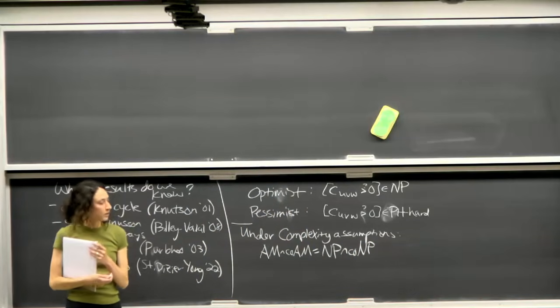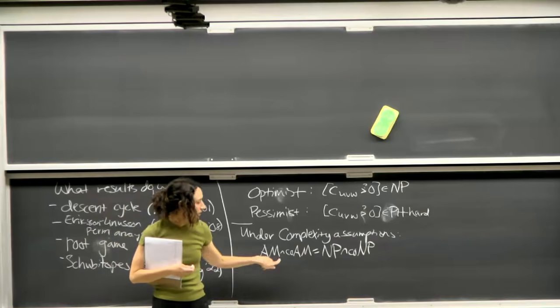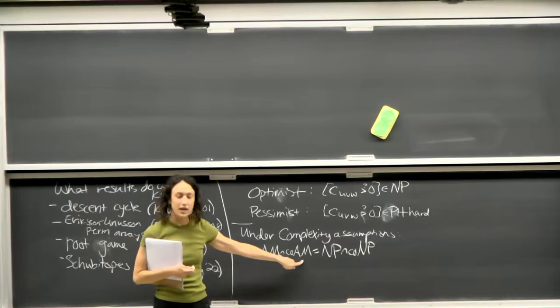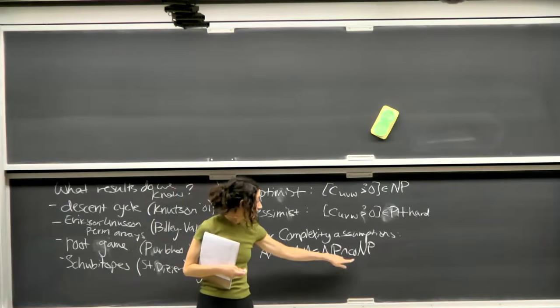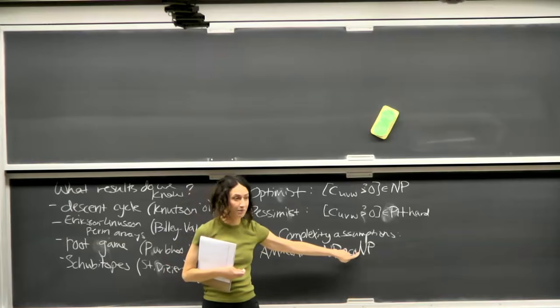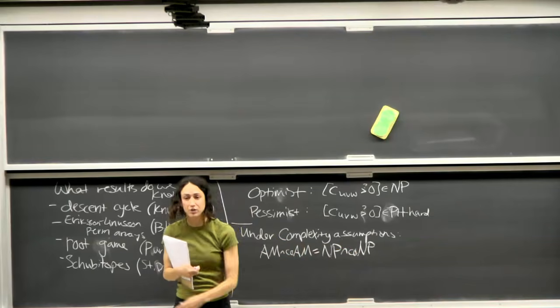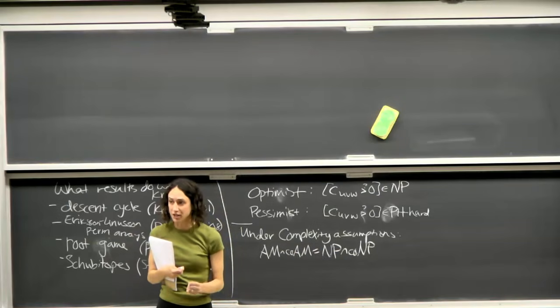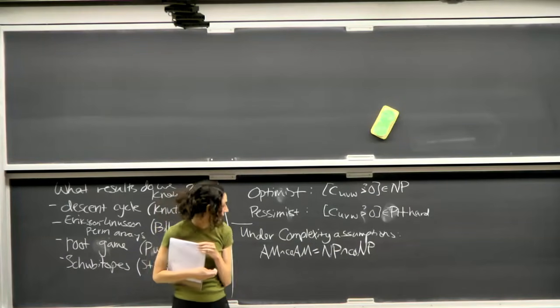So not only will you have one of these weird interactive proofs for both the yes and no problem, but you'll actually have an honest to goodness NP certificate and co-NP certificate. So an easy to check certificate of yes, easy to check certificate of no.